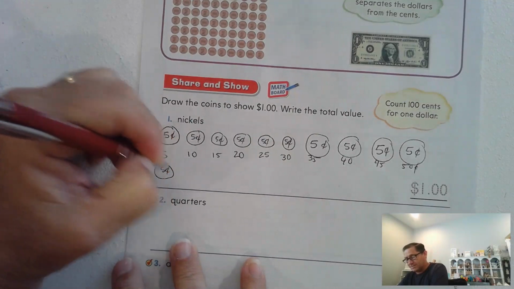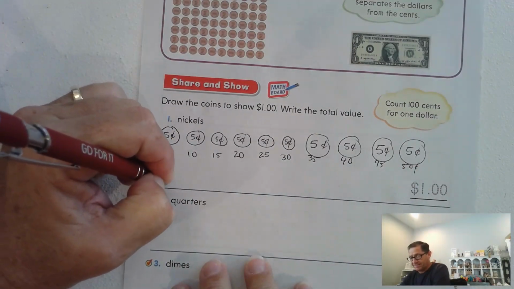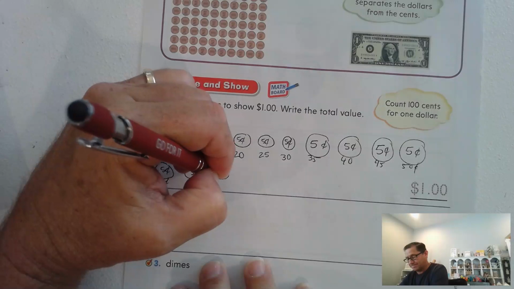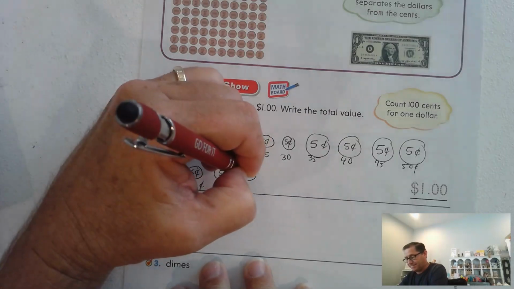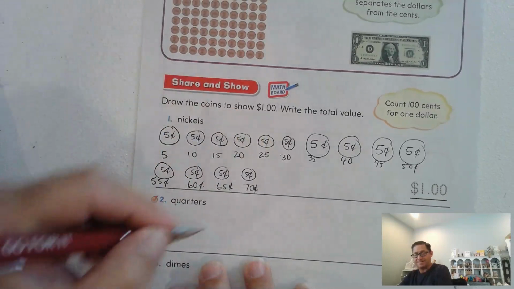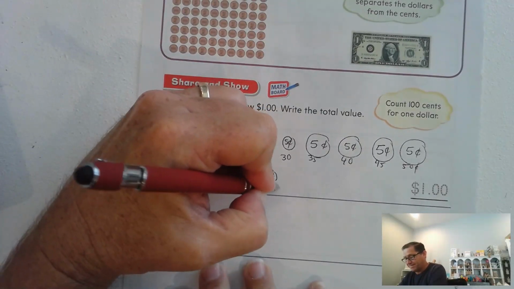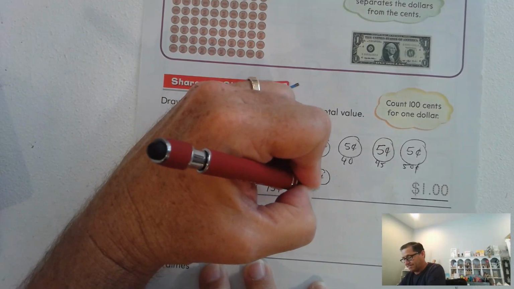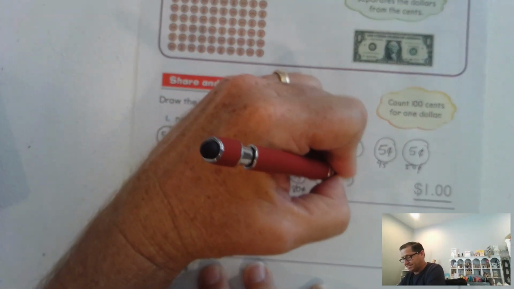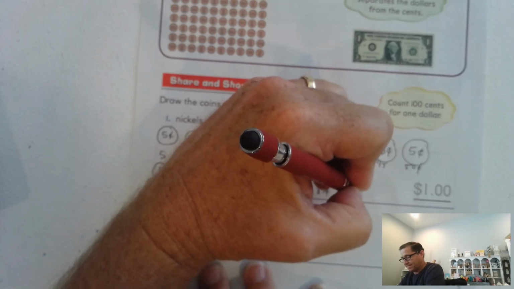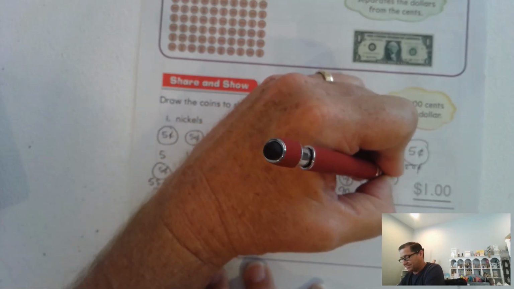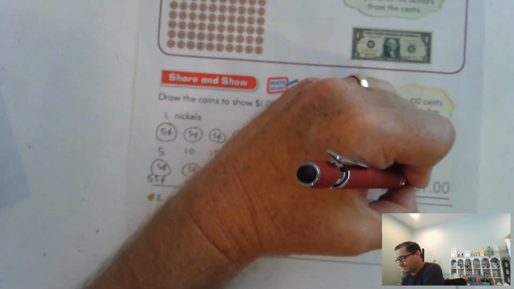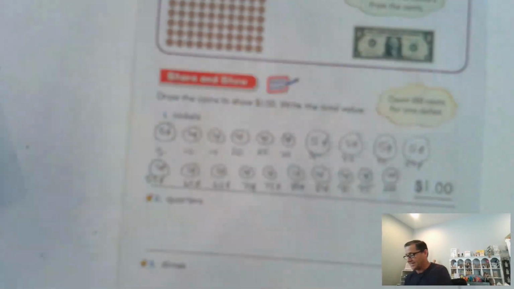Let's verify that. Let's add another nickel, and now we're at 55 cents. 60 cents. 65. 70. 75. 80. 85 cents. 90. 95 cents. 100 cents, or $1. 100 cents can also be written as $1.